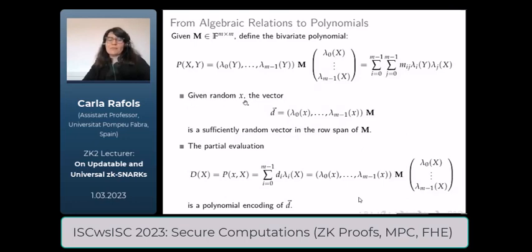In algebraic terms, what I want to do is to sample a sufficiently random vector in the row span. So it means I want to multiply a vector times M. The vector that collapses all the relations of all the rows of M into a single row should be pseudo-random, okay? Because the idea is you want the prover to just prove this single relation.